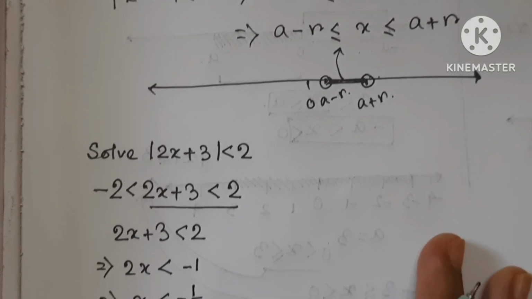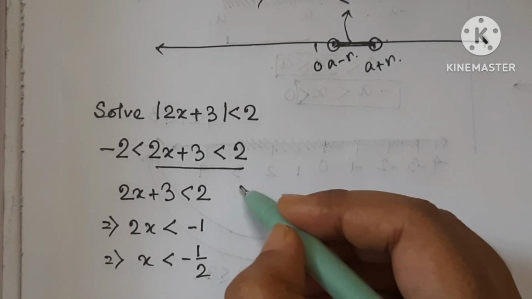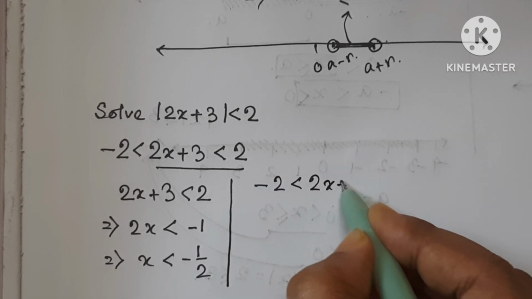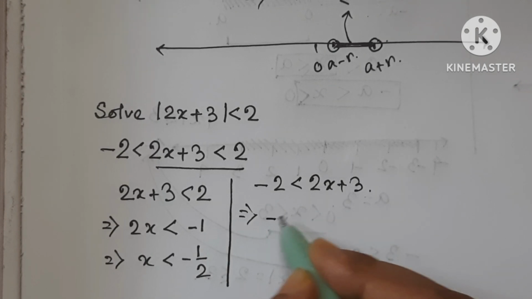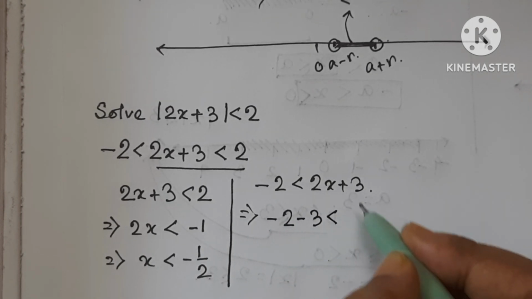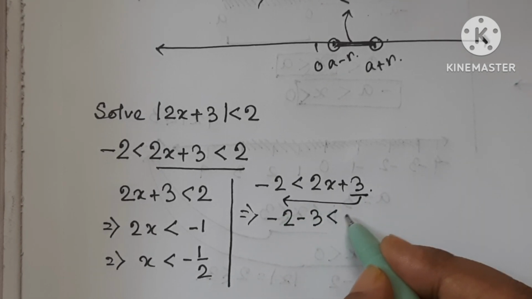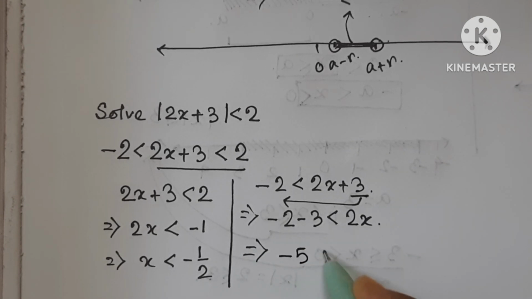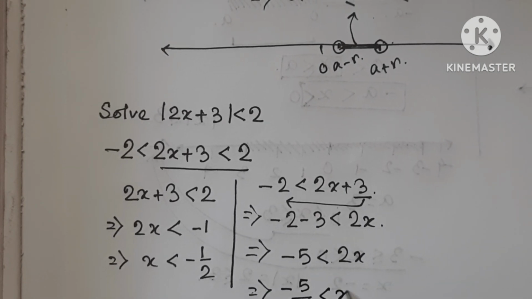Okay. And next part, minus 2 less than 2x plus 3. That implies, if you transfer 3 from this side to that side, minus 2 minus 3, minus 5 is less than 2x. That implies minus 5 by 2 is less than x.